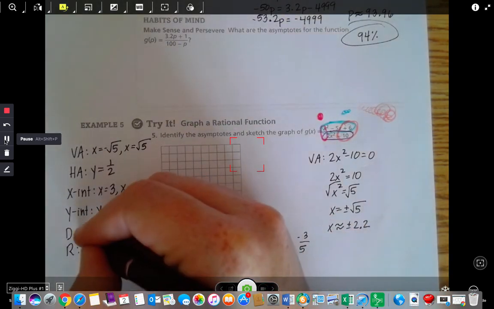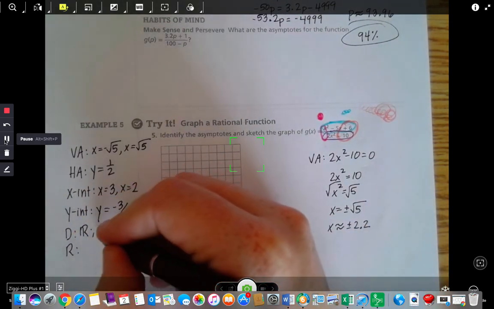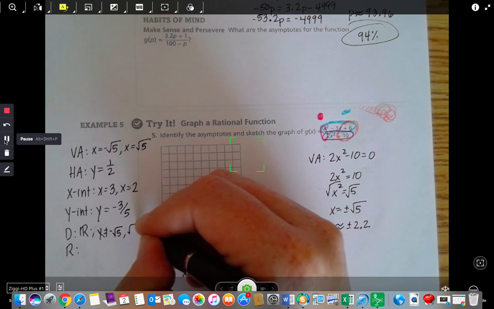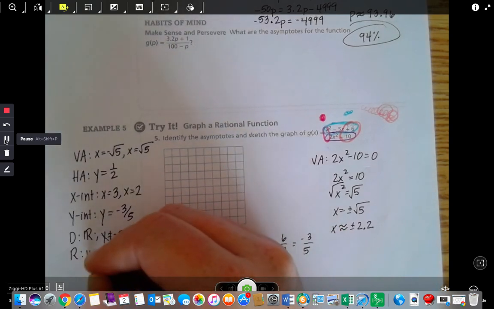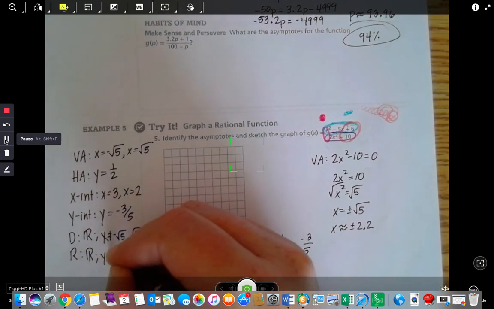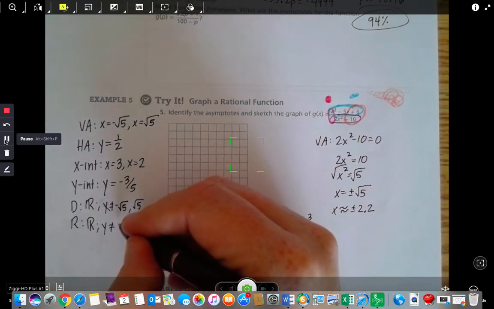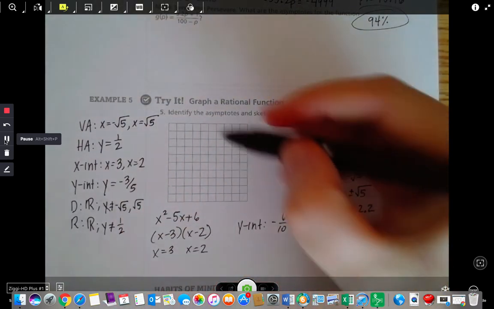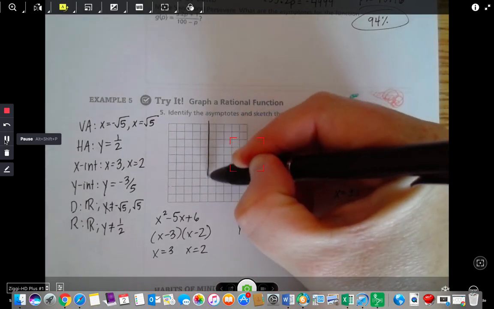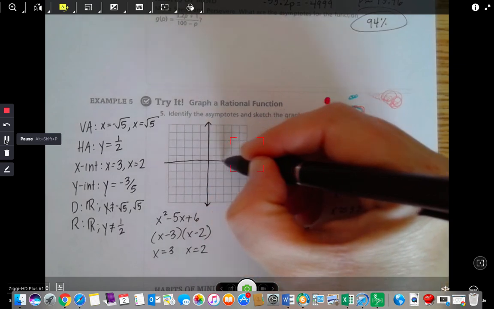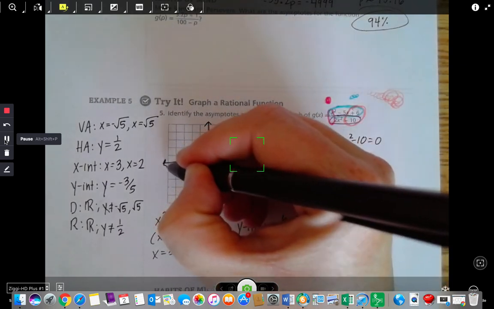Alright, so my domain would be all real numbers except x cannot equal negative square root 5 or positive square root 5. Range is all real numbers except y cannot equal 1/2. So I'm just going to draw the asymptotes here.